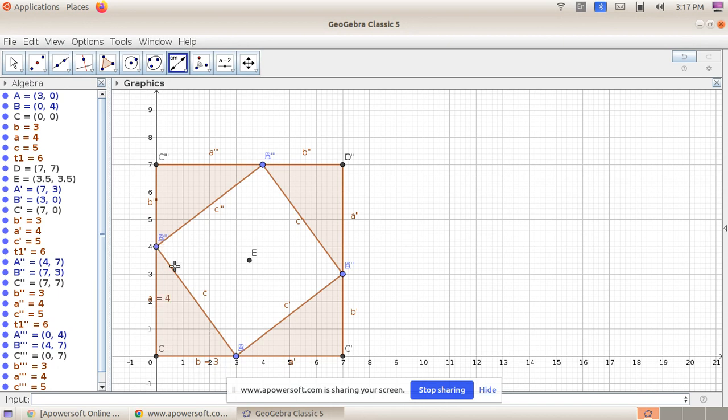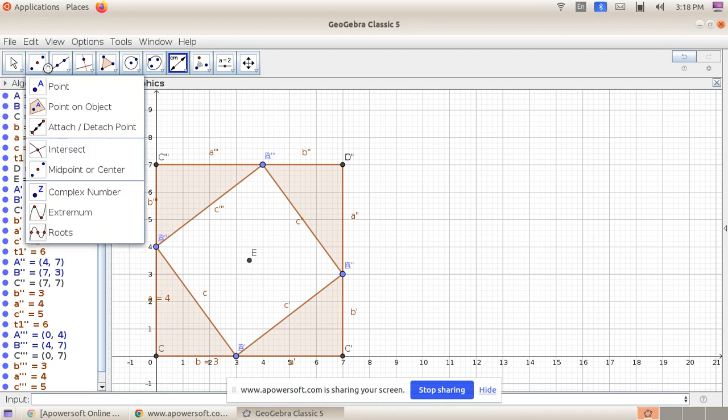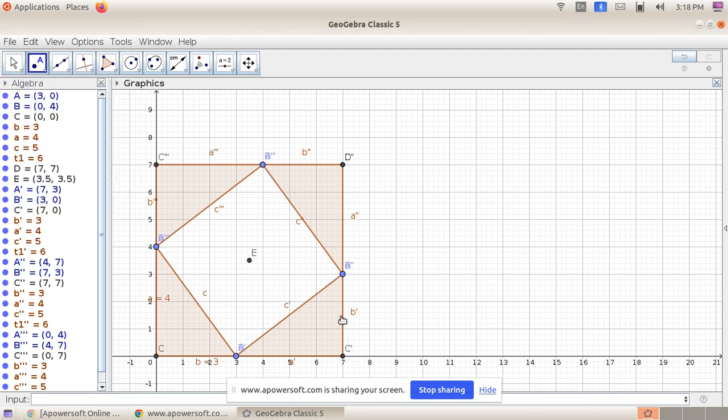Suppose we had to find C, without using the Pythagoras theorem, that is hypotenuse square equal to base square plus altitude square, that we are going to show in another way. Now I'm going to put a point near to this square, that is suppose it is at 8.